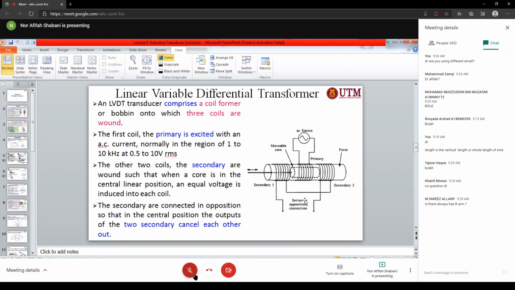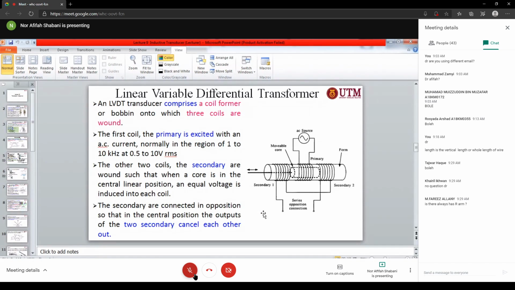You will also have a movable core, where you can attach some mass or object that you are going to measure displacement of. The first coil is excited with an AC current, and the other two coils are where you measure the output.